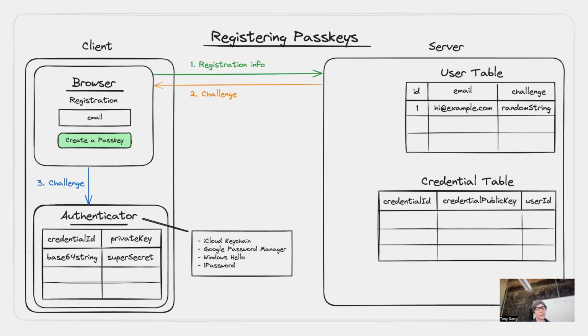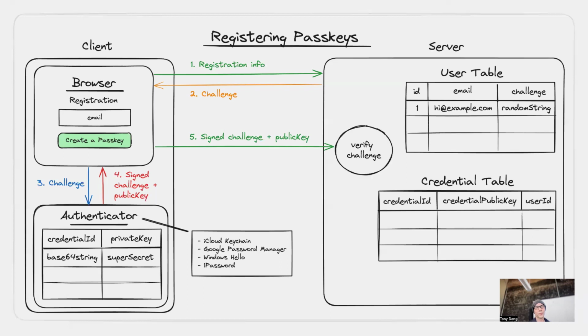And then the authenticator, assuming our biometrics check out, will create a set of private and public keys. So the private key will be stored in the authenticator app. And then the public key, along with the signed challenge, will be sent back to our browser JavaScript, which then forwards it back up to the server. And on the server, we have to verify this challenge.